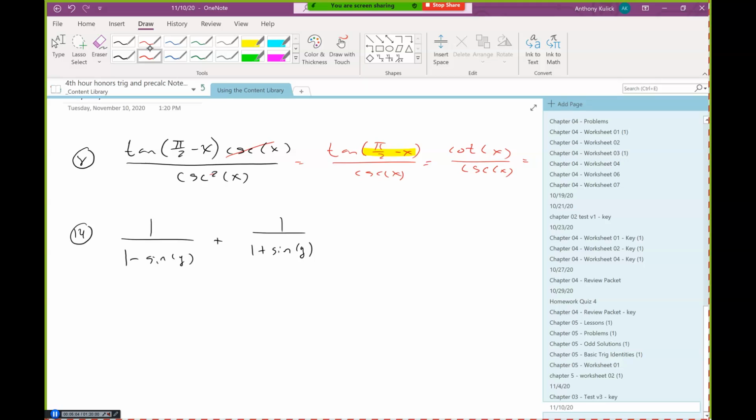What could I multiply the top and bottom of that fraction by to make 1 minus sine squared? Multiplied by negative sine. How about 1 plus sine? Why would that work? Yeah, it's a difference of two squares now, right? Can I see that? And let's do the same thing for this one then.